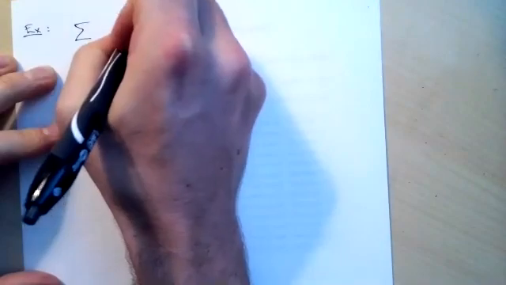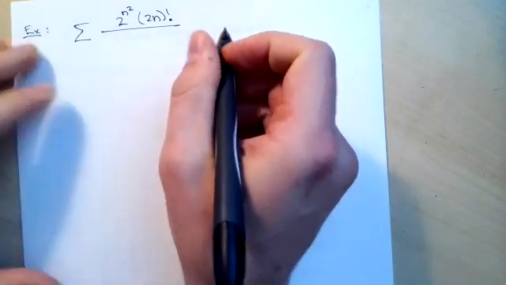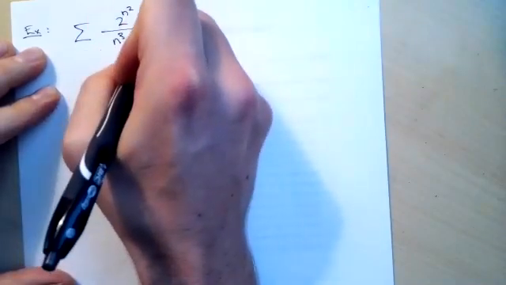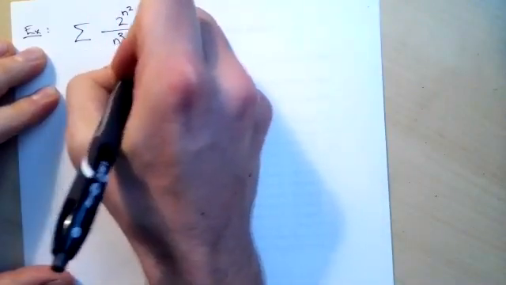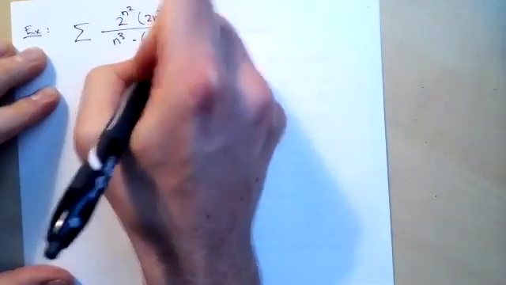Let's have 2n factorial, divided by n cubed times 2n to the n. Kind of put in a little bit of everything, and you know what? Let's make it alternating.